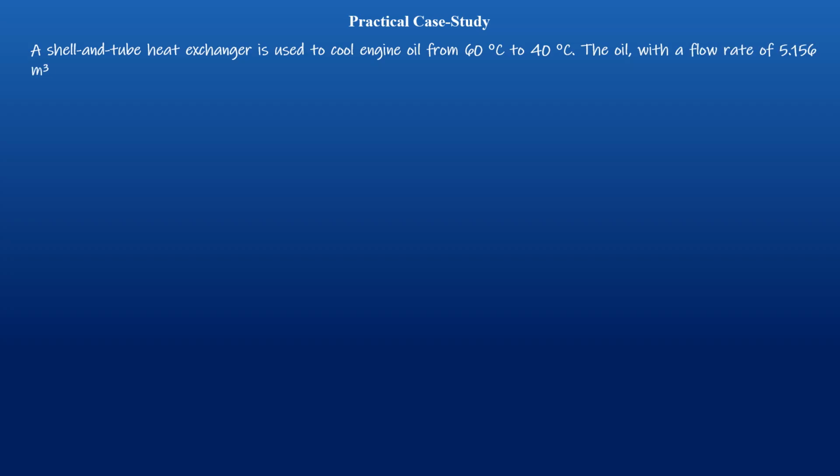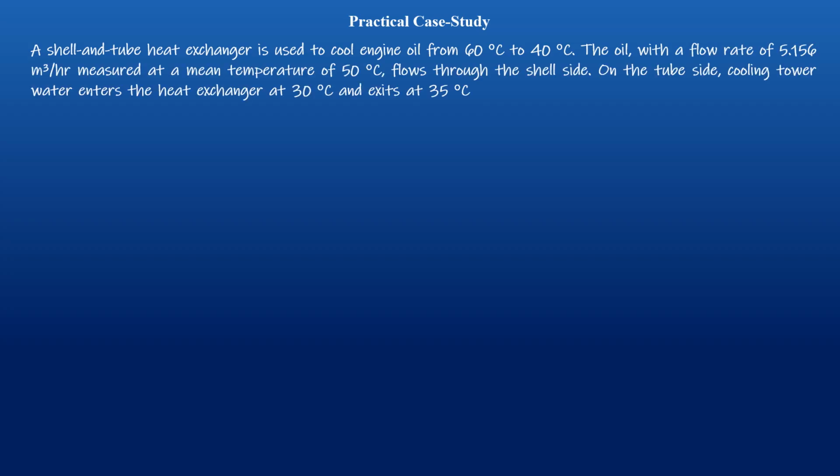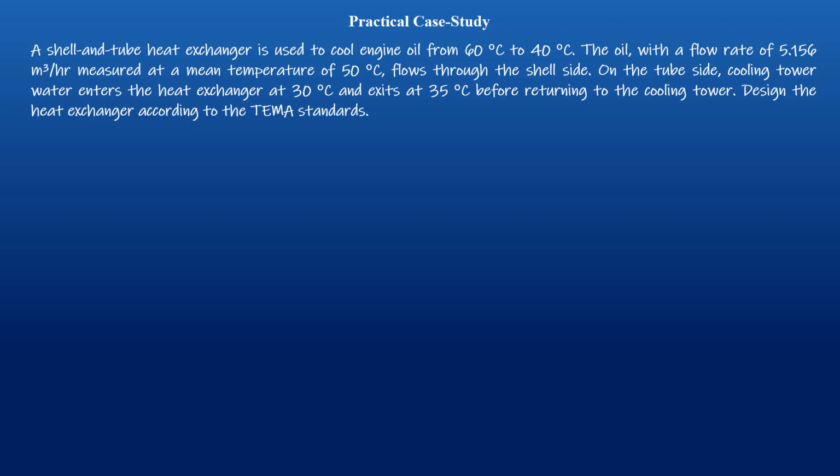Practical case study. Let us consider a shell and tube heat exchanger used for cooling down engine oil. It enters the exchanger on the shell side at 60 Celsius and leaves at 40 Celsius, at a flow rate of 5.156 cubic meter per hour, measured at the mean temperature of the oil.